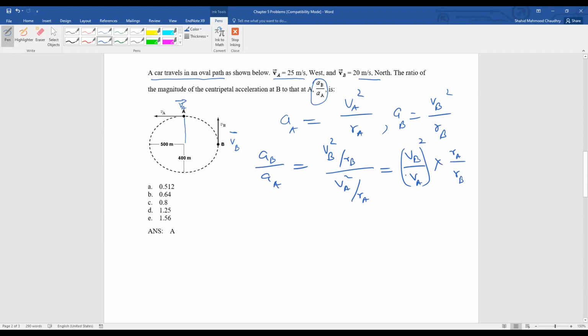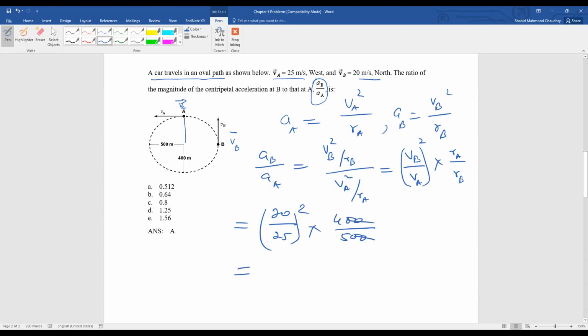After writing this, you can put the values: VB is 20 divided by VA is 25, whole square, multiplied by RA is 400 divided by 500. In this way you can solve it.